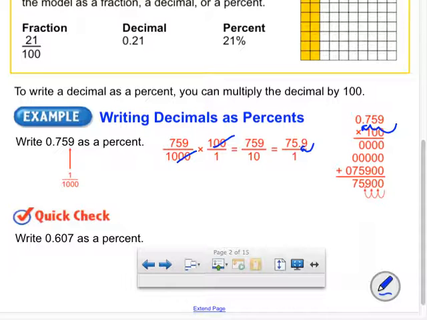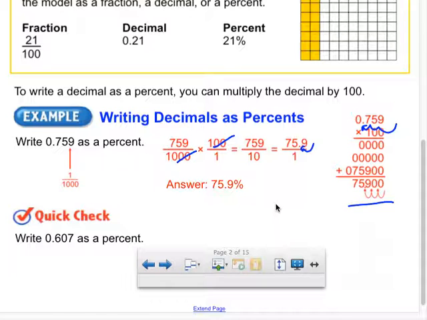Because I have 3 here, I got to move 3 places down here. And so I get 75 9/10. That is my answer. 75 9/10%. Okay, so 2 ways to think about it. Yes? Any questions about my first example?